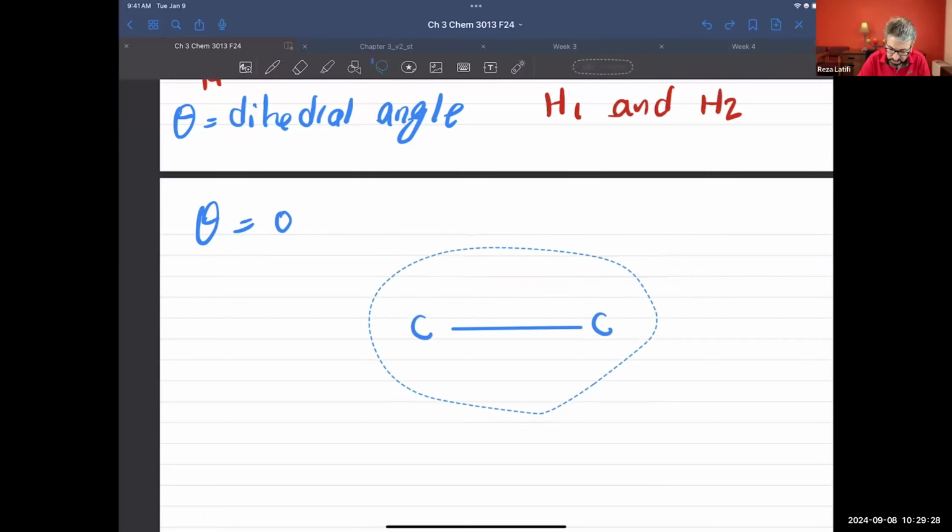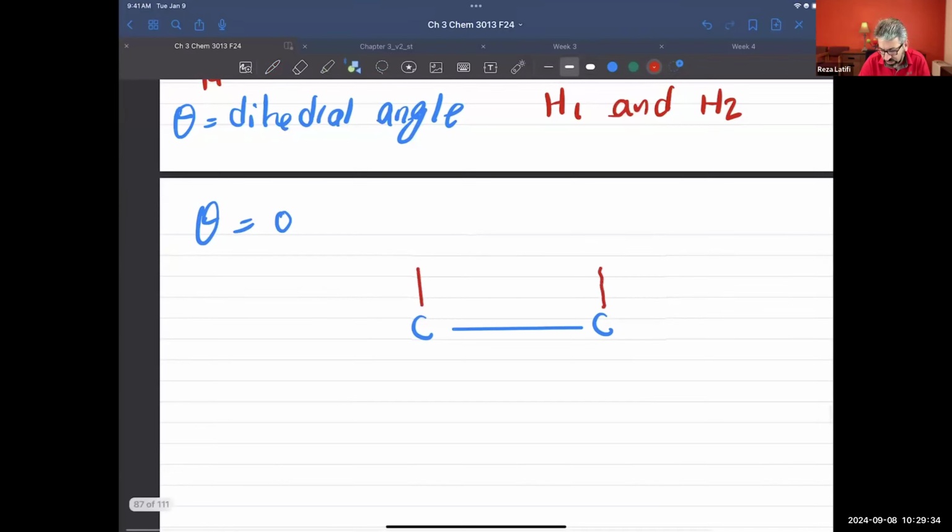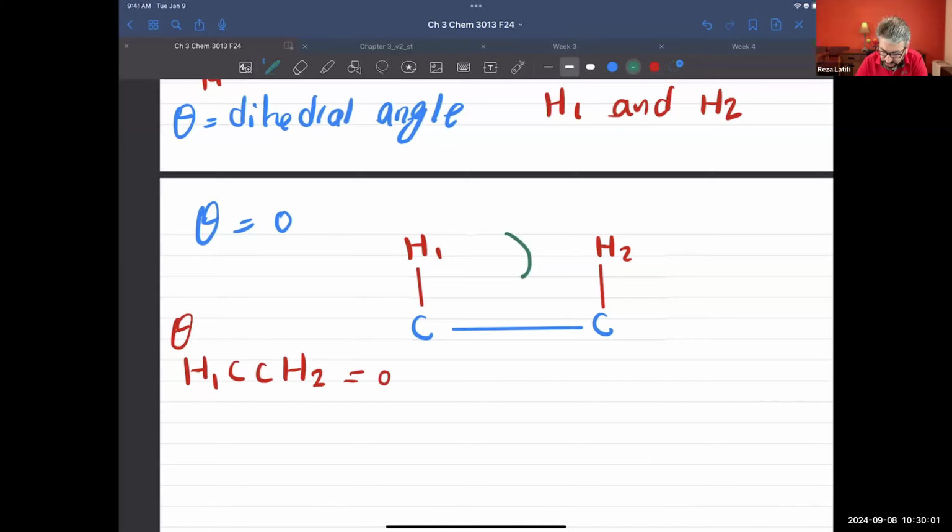So let's put one hydrogen here, and the second hydrogen is there. Those two hydrogens have a dihedral angle: hydrogen number 1, carbon, carbon, and hydrogen number 2. The angle between them, the theta between them, we call the dihedral angle, and this is going to be equal to 0. Those two hydrogen atoms are going to feel each other, and they will repel each other. What's the meaning of this sign? It is repulsion.